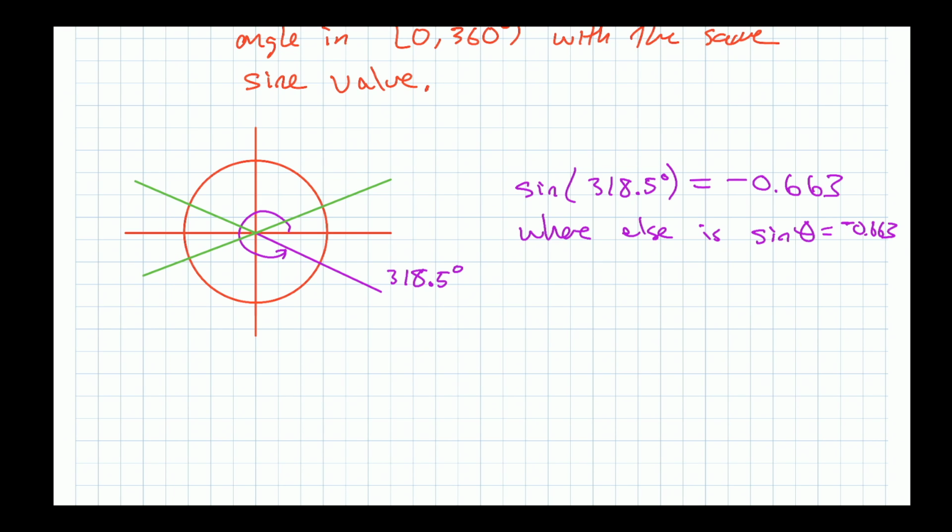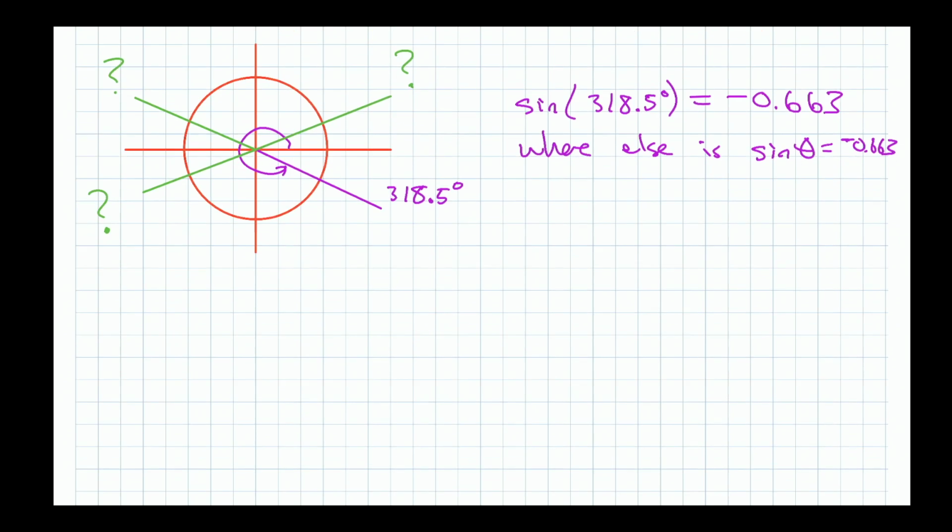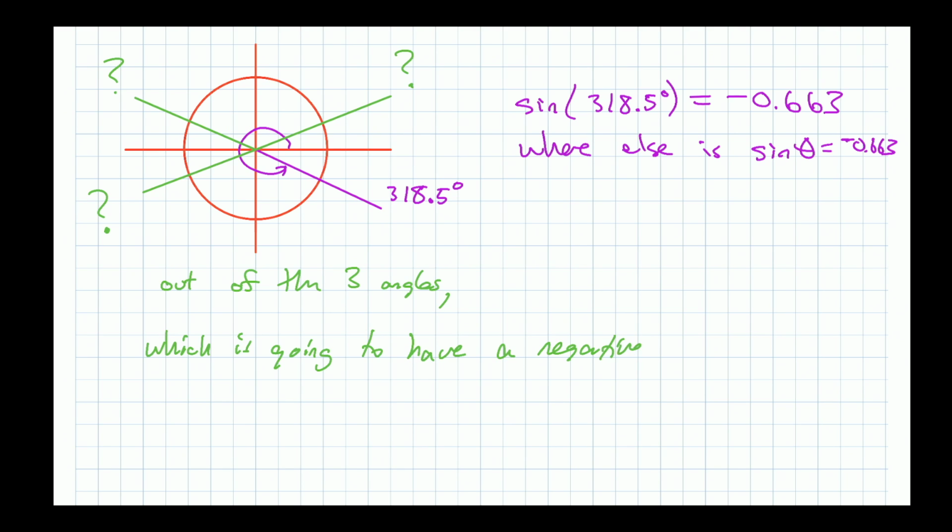But out of these, only one of them is going to have a negative sine. So out of these 3, which is going to have a negative sine value, which is what we had?